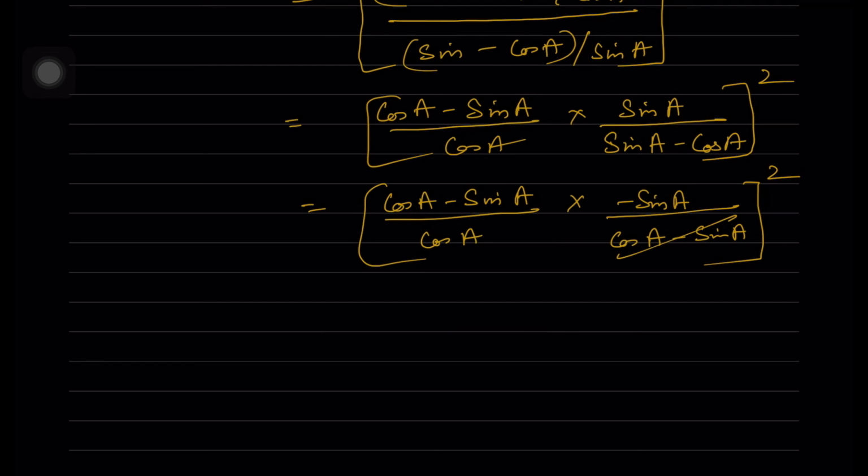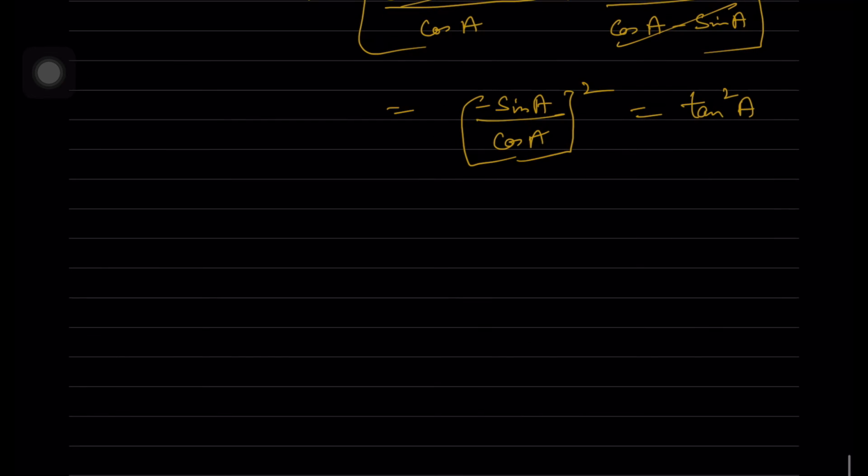So now this is whole square, so this will get cancelled. So therefore (minus sin A by cos A) whole square is equal to tan square A, because minus into minus is equal to plus. Therefore LHS is equal to RHS, hence proved.